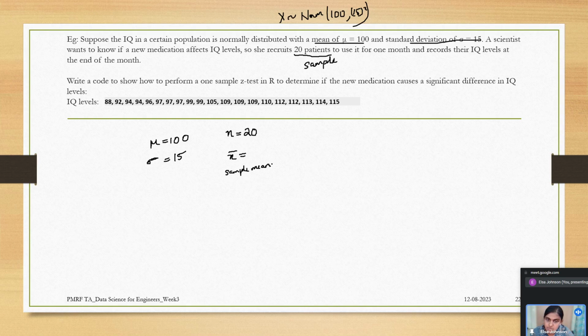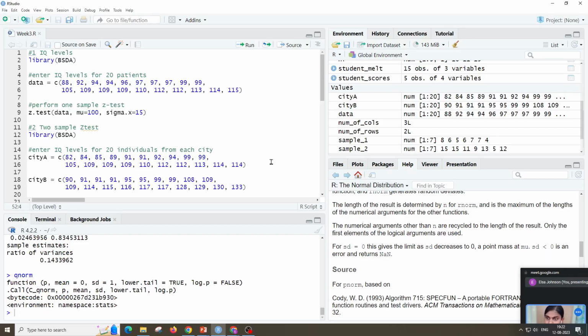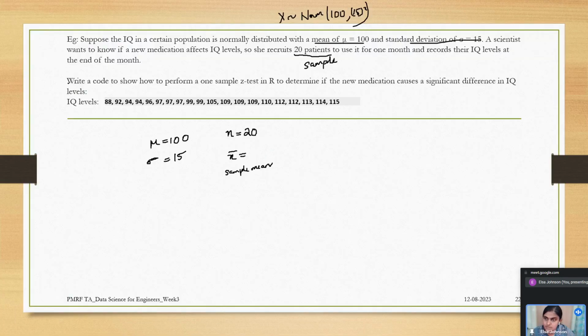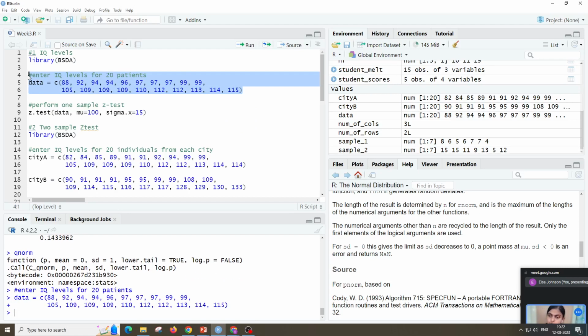X bar will denote the sample mean. So directly you don't have to solve all these things, you can go to RStudio, and I have given the values here. These are the values 88, 92, 94, 95, 115. I have assigned that to data. Now for performing the z test you need a library.